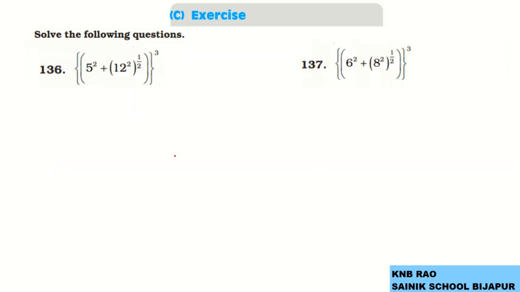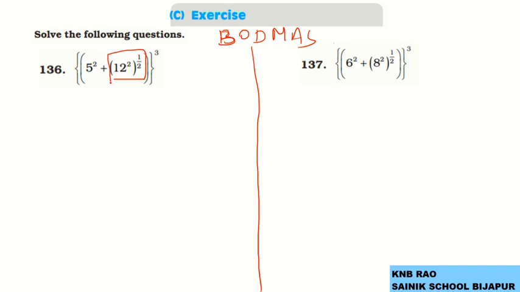Then coming to question number 136. In question number 136, children, it is very simple. We have to follow the same principle. First, inside, 12 square whole to the power half is nothing but 12 power 2 into half.